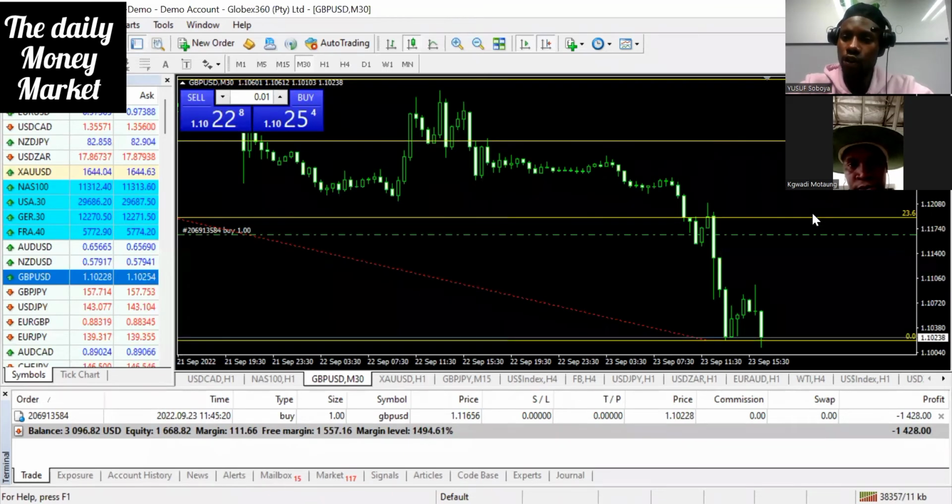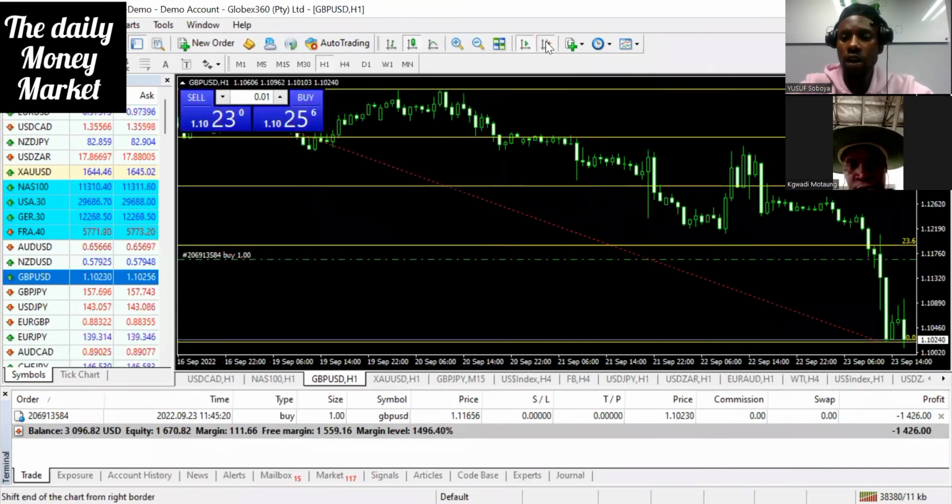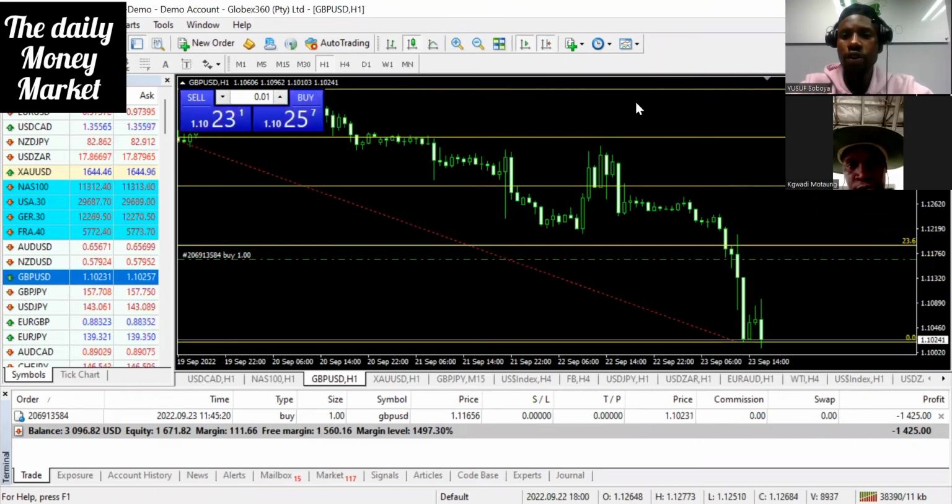So you can put your take profit here, put another take profit on top. You can see where you can put your take profits and so on and so forth, including the stop loss. You can move the stop loss based on the Fibonacci retracement.